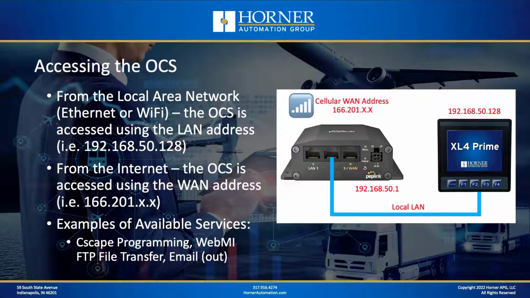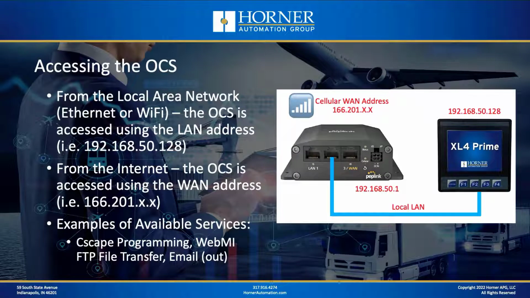However, if we're separated from the machine and we don't have easy access to the local area network, then we need to access the OCS over the internet. So in that scenario, we're going to be using the internet address for the OCS, which in our example today starts with 166.201.